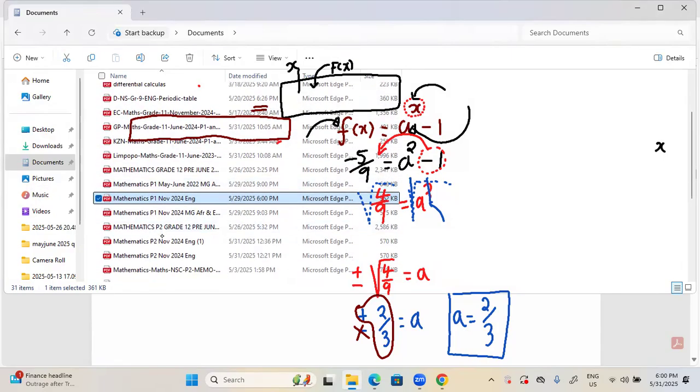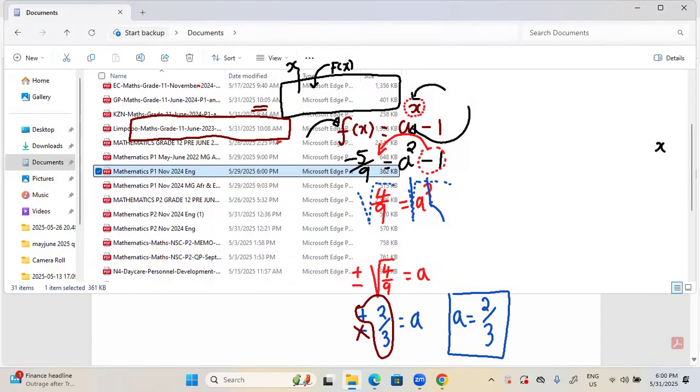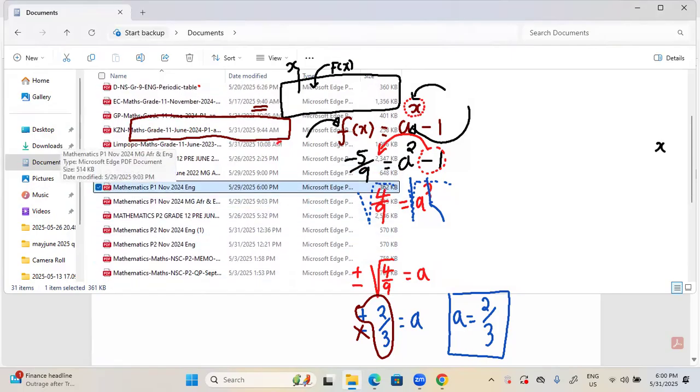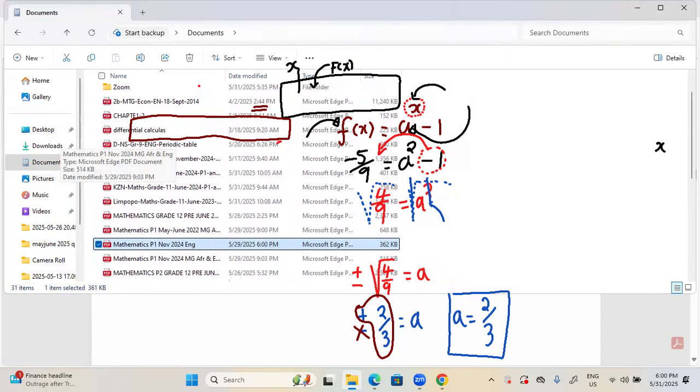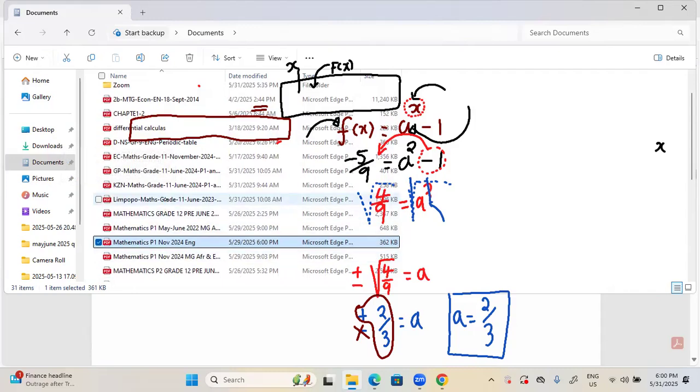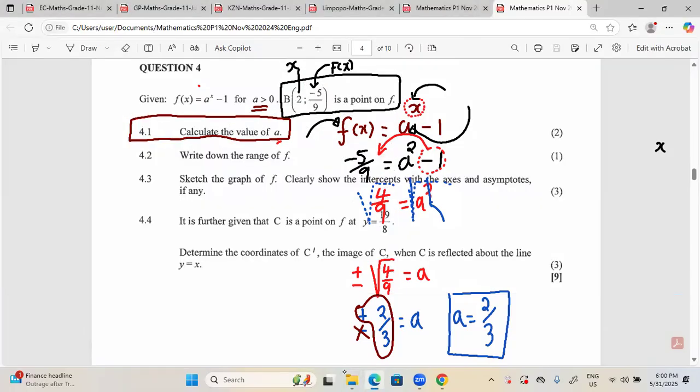Mathematics. I don't know. I have November. Maybe I did not save it in my documents. There is something interesting again that I wanted to show you. Okay, it's fine, guys. Let me just do this.